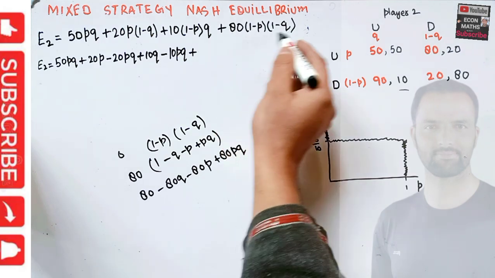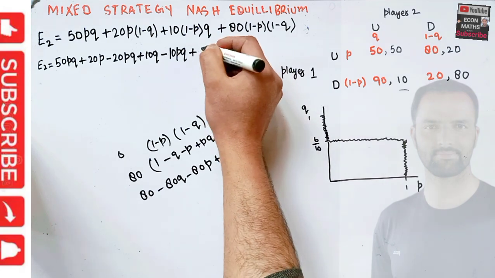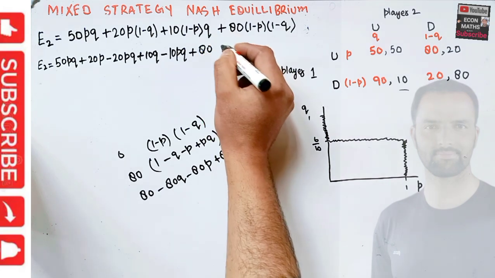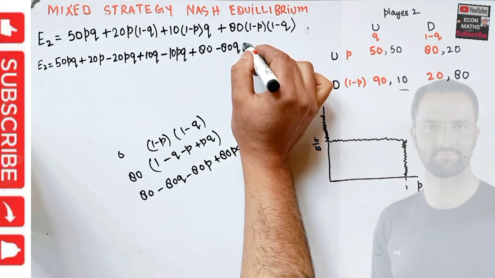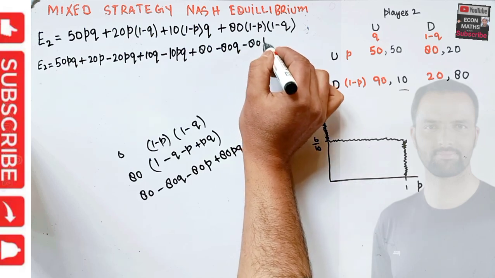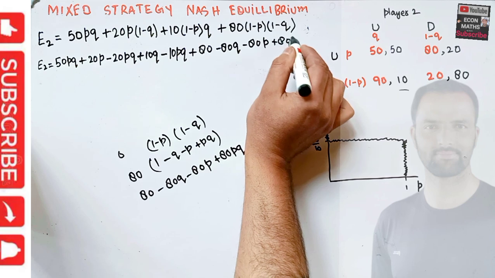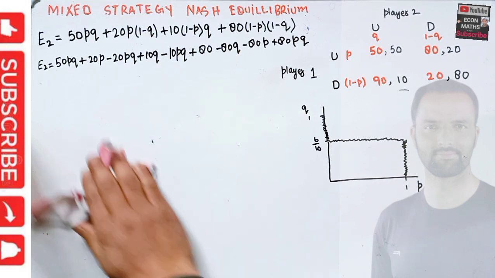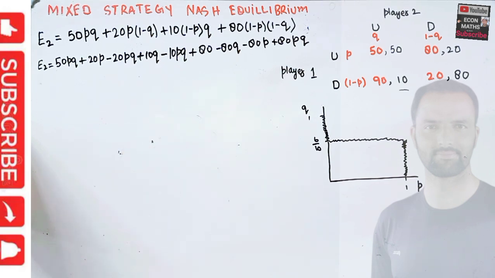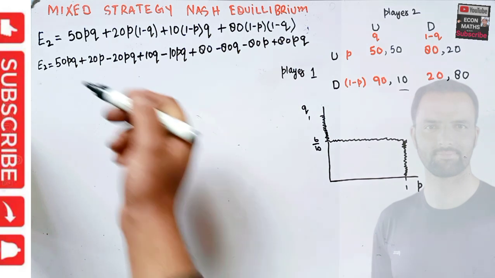So in place of this I will write this: 80 minus 80Q minus 80P plus 80 PQ. Let me rub this out. Let's try to add up the like terms.